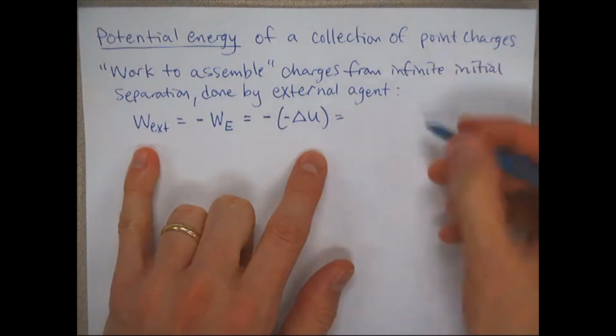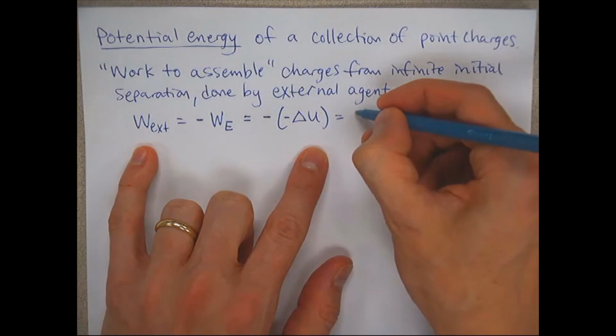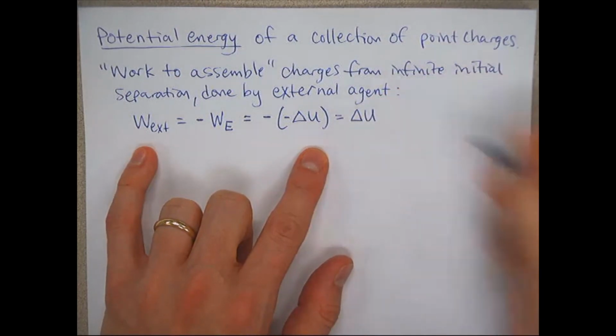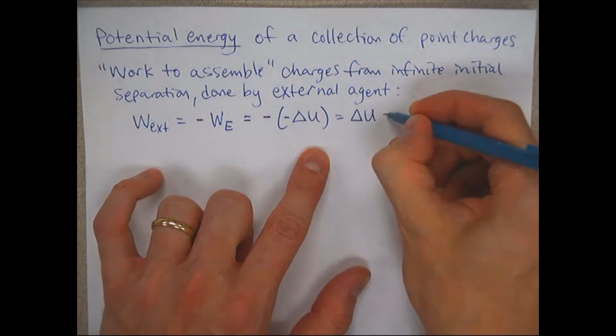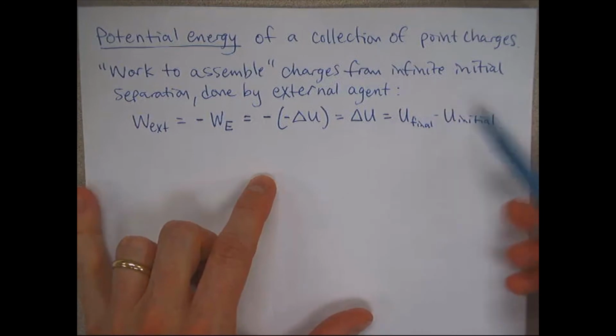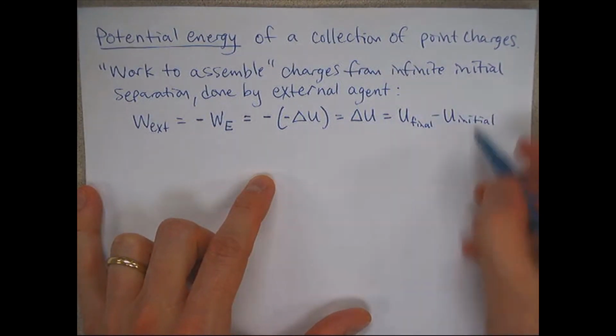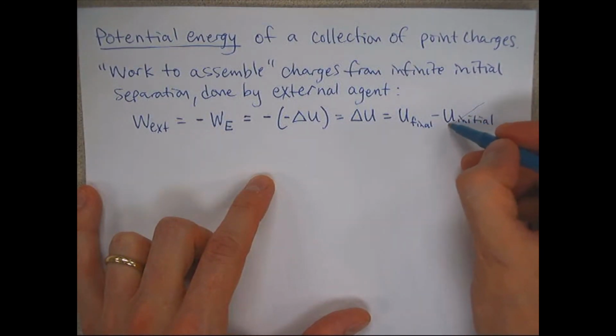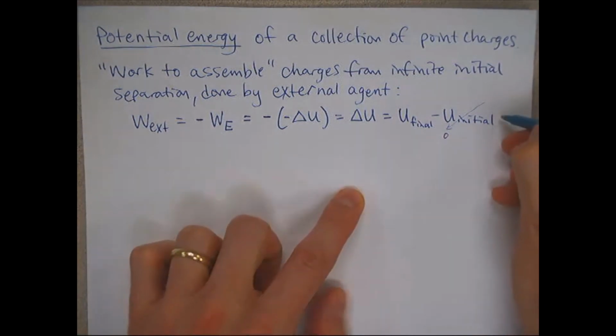So it looks like the work done by the external agent is going to be the positive change in potential energy. And if we start off these charges infinitely far away from one another, of course, then the initial potential energy of the system will be zero.